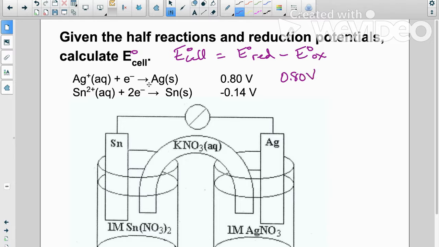Our silver is getting reduced and our tin is getting oxidized, so we actually have to flip this reaction to show what's actually happening. So minus 0.14 volts, and we get positive 0.94 volts, which we would expect as a positive E cell because that indicates thermodynamic favorability.